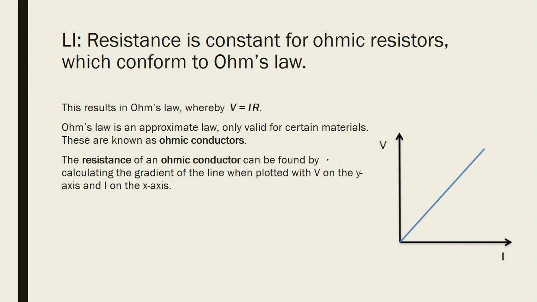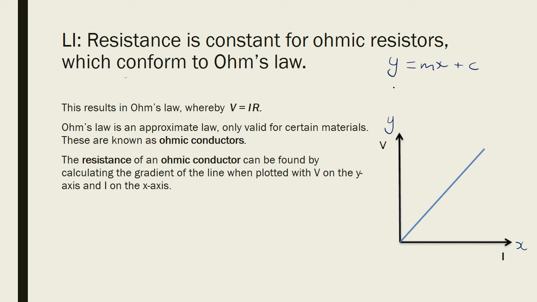And if we were to plot the voltage against the current, and let me put the pen on. Now, if this was our y-axis and this was our x-axis, we could write an equation. We know that the equation of a straight line is y equals mx plus c.